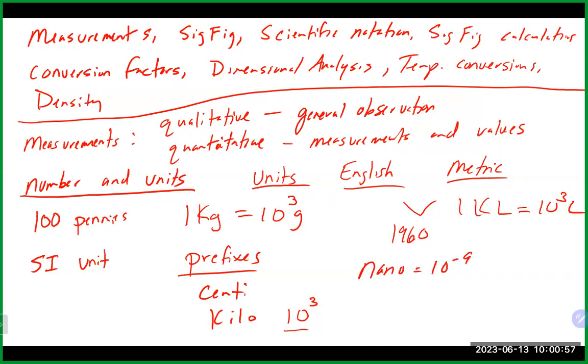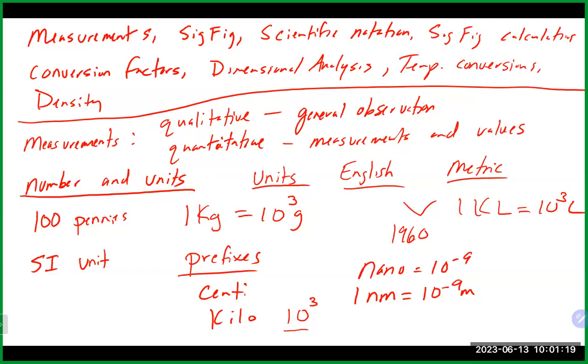You'll sometimes see that. And again, what that means is if I had 1 nanometer, there would be 10 to the minus 9 meters. And by the way, the 10 to the minus 9, the 10 to the 3, that is written in scientific notation. It's basically 1 times 10 to the 3, 1 times 10 to the minus 9.